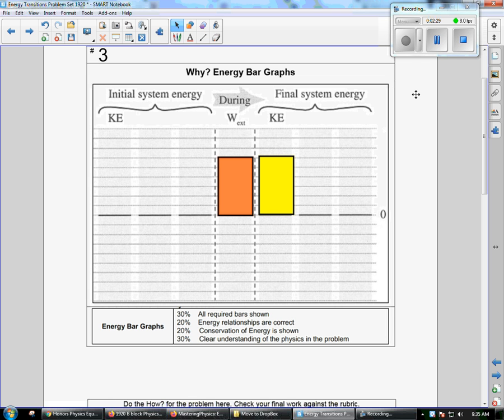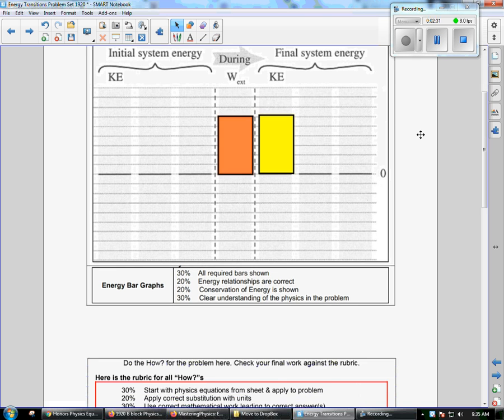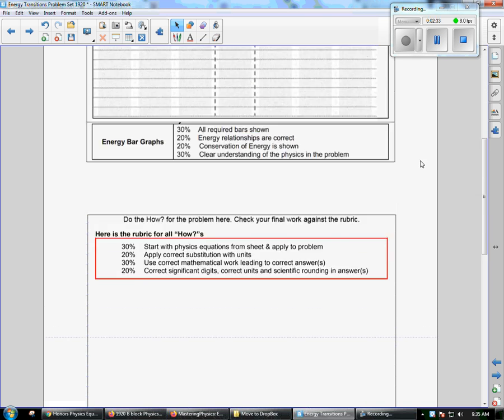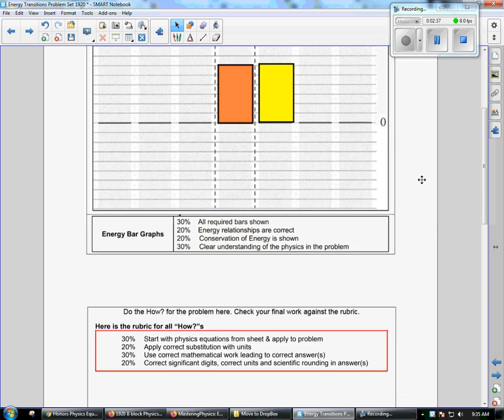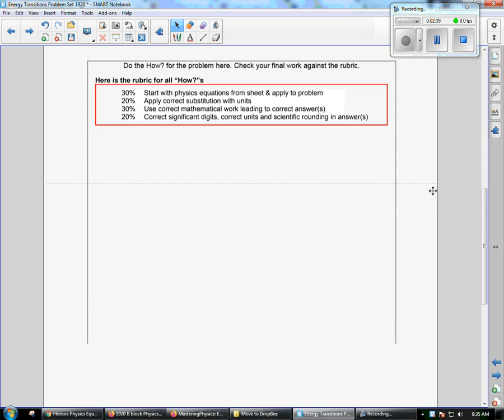Excellent. All right. So now I'm going to use that as my starting point, that the work is going to equal the kinetic energy. So right here on my how, that's where I'm going to start. I'm going to start with the work.